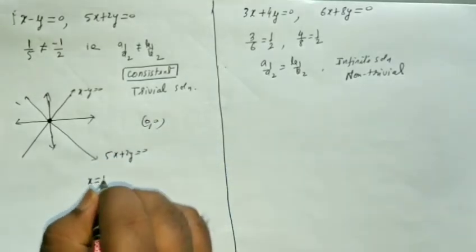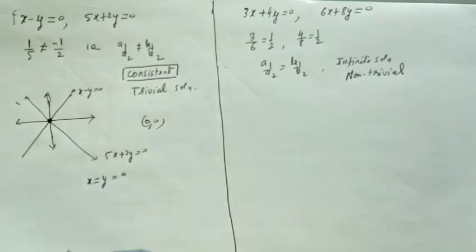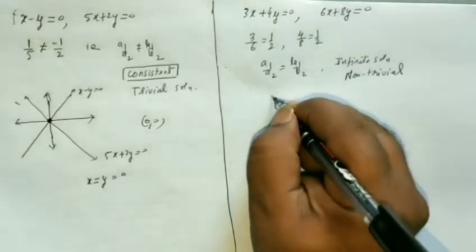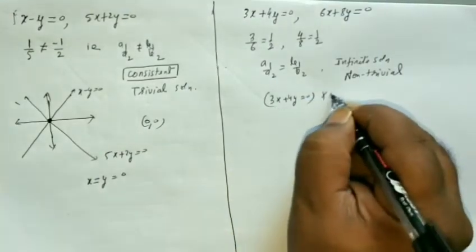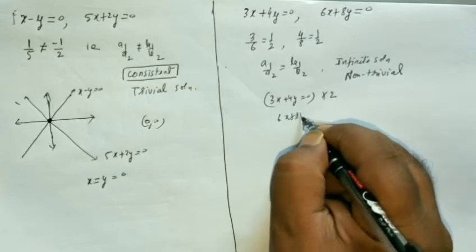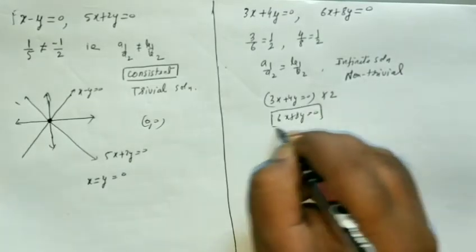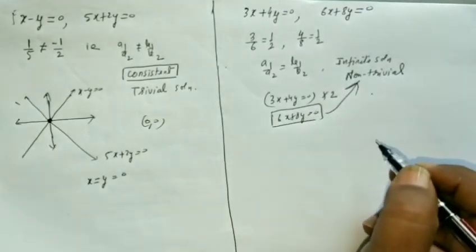So x is equal to y is equal to 0. Whereas here, if I multiply the first equation with 2, I get the same equation. So it is an infinite solution.